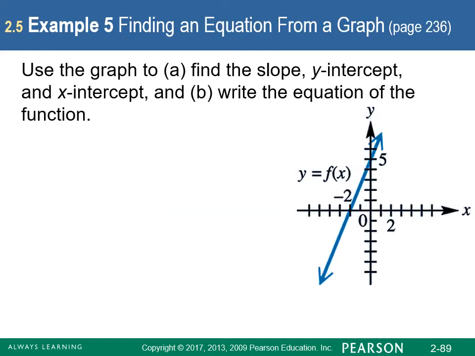Now they give us this graph, and in looking at this graph, we see that 5 is the y-intercept, and negative 2 is the x-intercept.